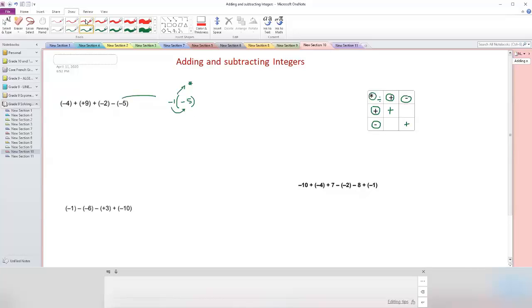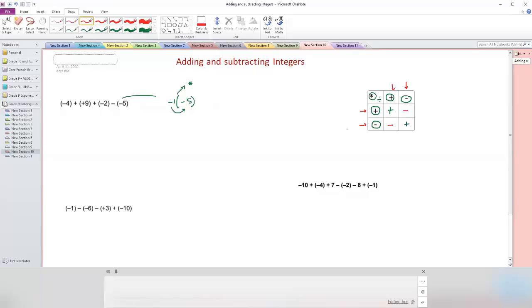However, if I am multiplying a positive with a negative, since they have different signs, right away the answer will be negative. Or if I multiply this positive by this negative, again, since they have different signs, the product will be negative.